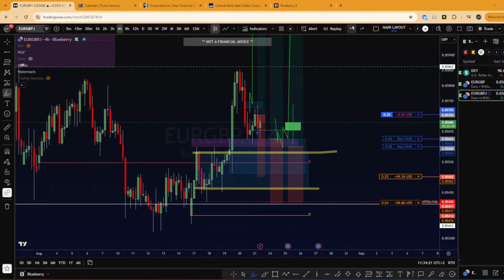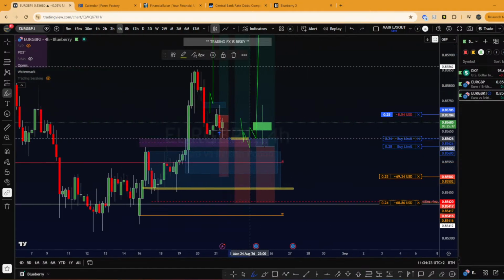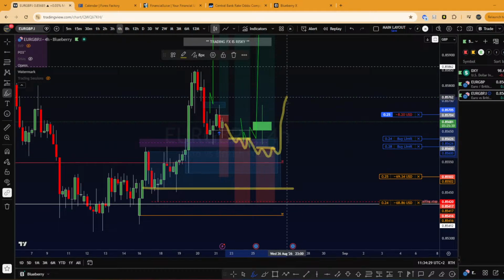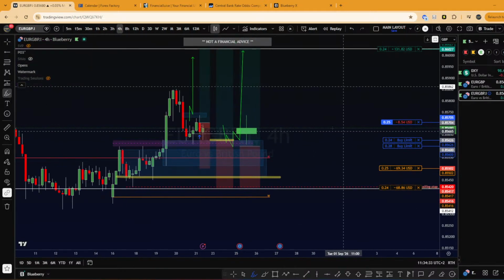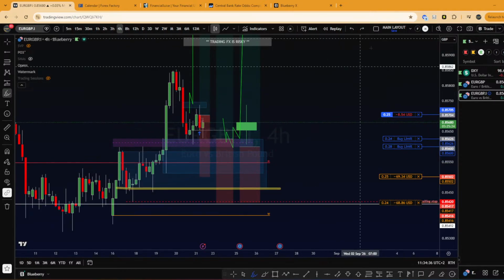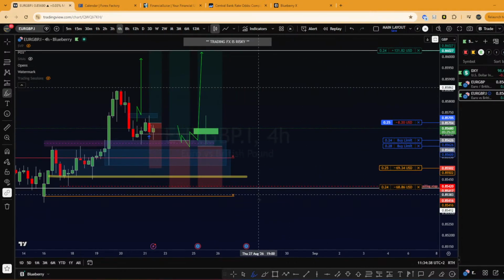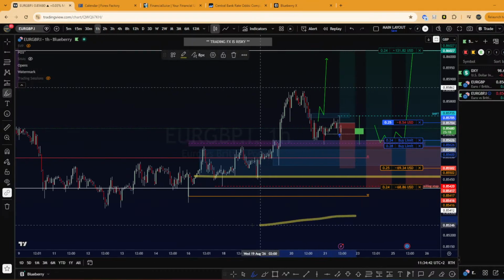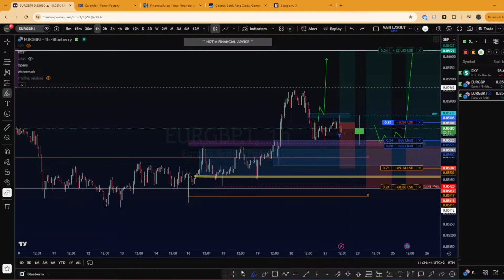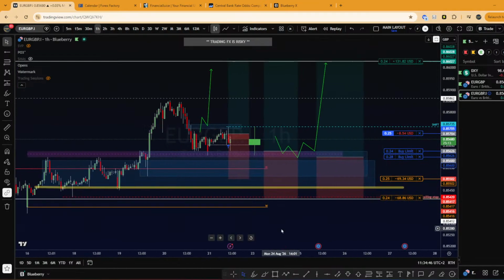I have a couple of buy limit orders here and here in case price gives us another lower price, and then I will get triggered and get in on this trade. That's what I do when I'm not in front of the chart. This is how I plan my trade in swing position when I'm not in the trade.